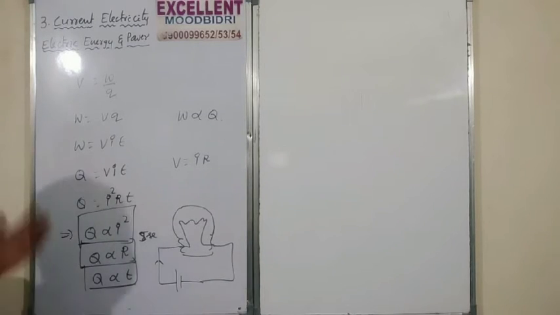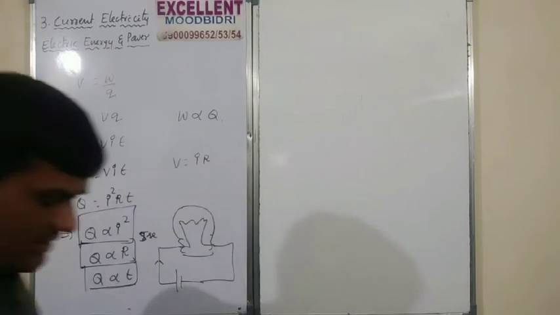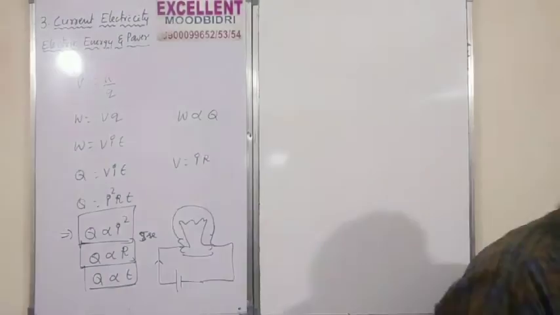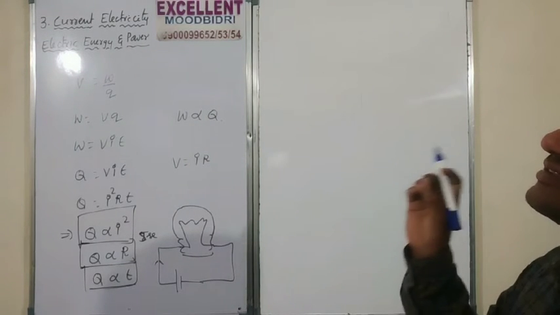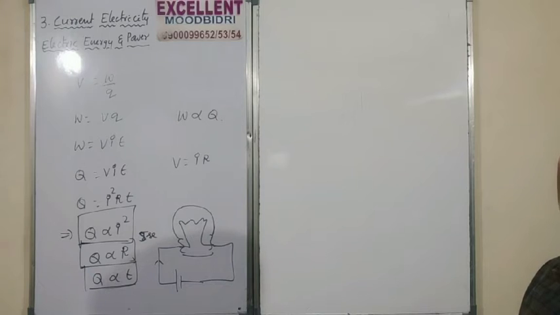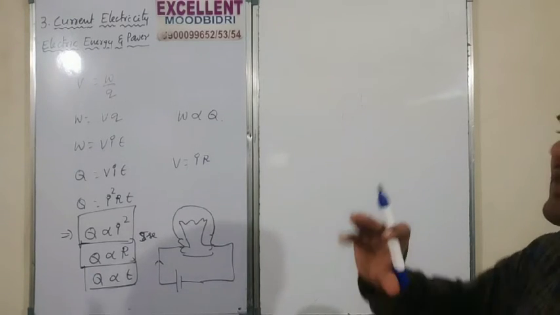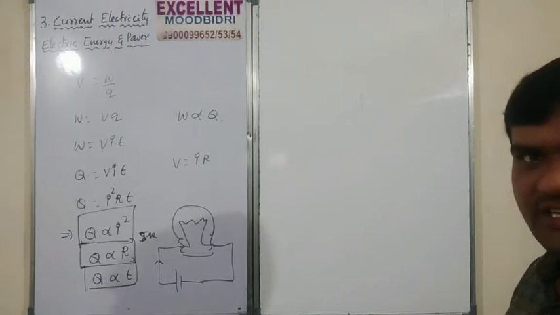Okay. So Q is nothing but heat energy, that means thermal energy. The thermal energy is given by work. So what is that? Cell only. Correct? The work done by the electrical cell, that means electrical energy is converted into heat energy.